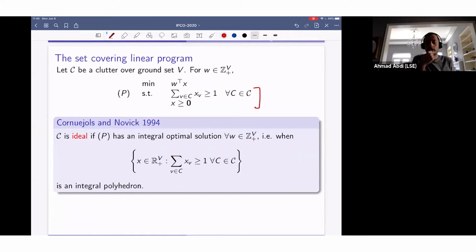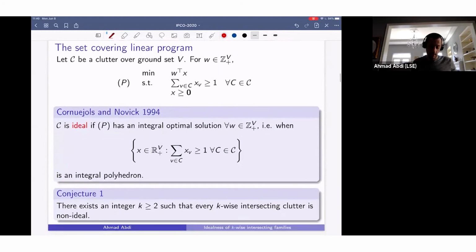Why are ideal clutters interesting? Ideal clutters are interesting because you could solve the set covering integer program in polynomial time, if I give you the whole clutter. You could drop the integrality constraints and get this linear program, but this linear program only outputs integral solutions, so you're not losing anything.